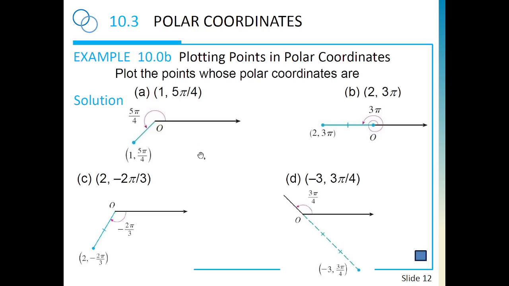Here is another example. So here I have the point 1, so this is the distance from the origin, and the angle is 5 pi over 4. So the point is here. Now you see the angle brings me into the third quadrant, and r is positive, so I stay in the same quadrant.